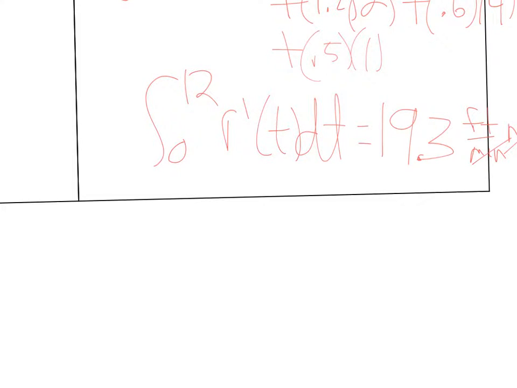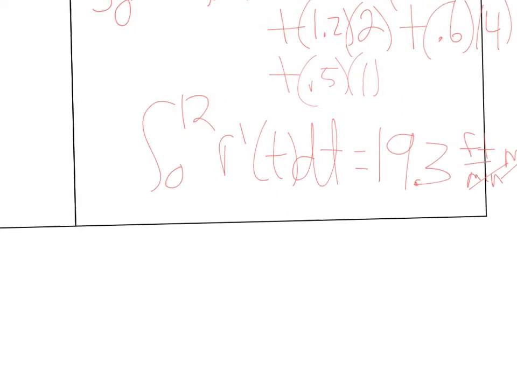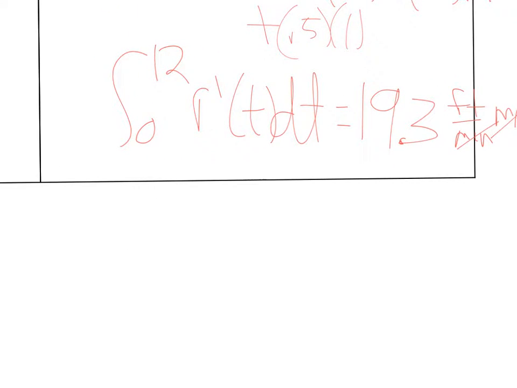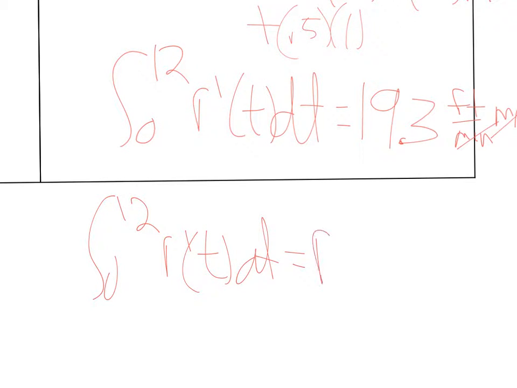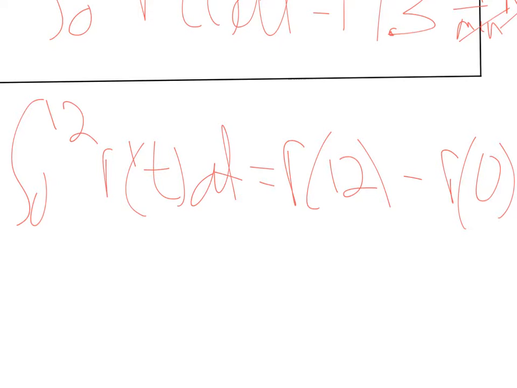Well, we know from the first fundamental theorem that the integral from 0 to 12 of r prime of t dt equals r at 12 minus r at 0. Now, it doesn't give me r at 12 and r at 0.